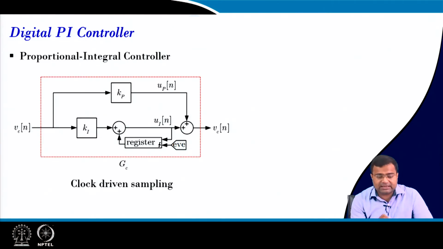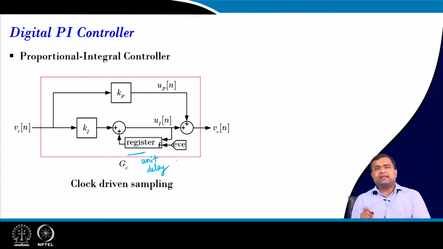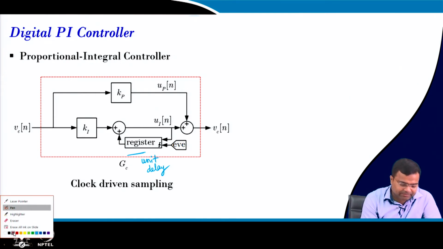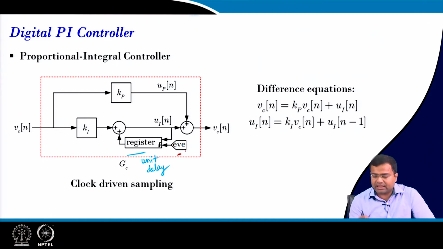If we do a digital PI controller, again this is a delay we have discussed. This represents a unit delay, and this can be realized by a register which will be shifted by a clock. That means it is a clock driven register, and this can be realized.